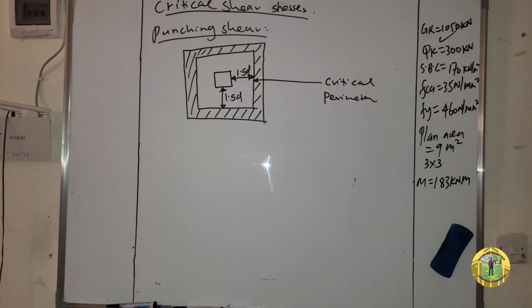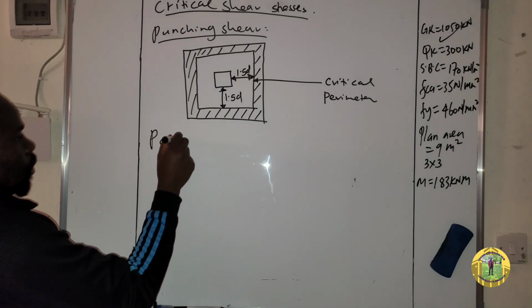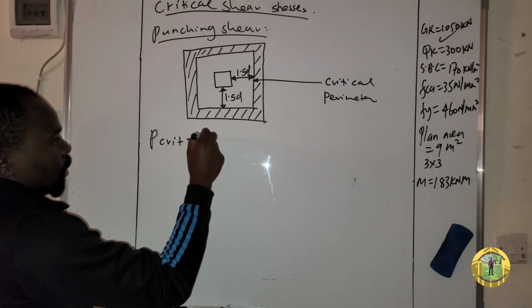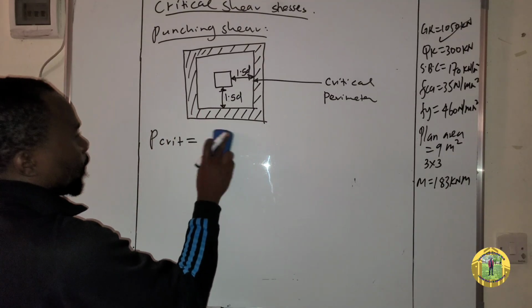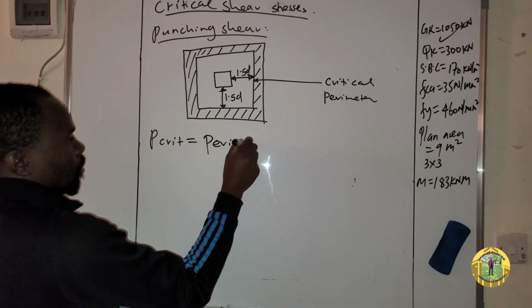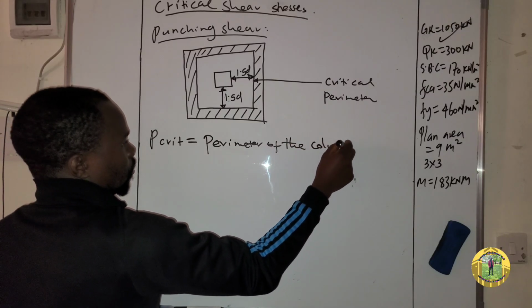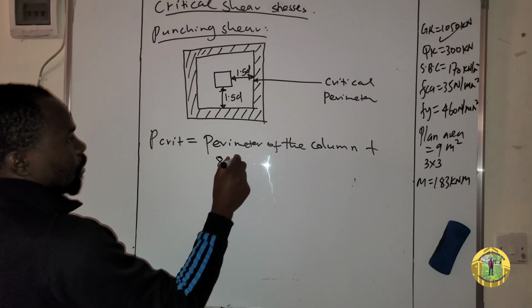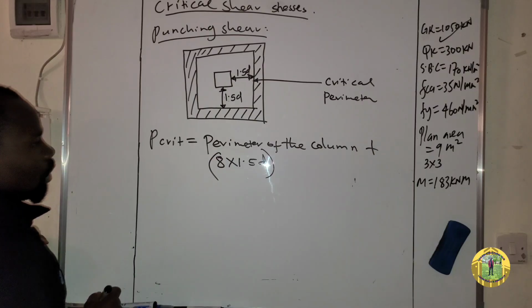So perimeter critical is equal to the perimeter of the column plus 8 times 1.5 D. Why 8 times 1.5 D?